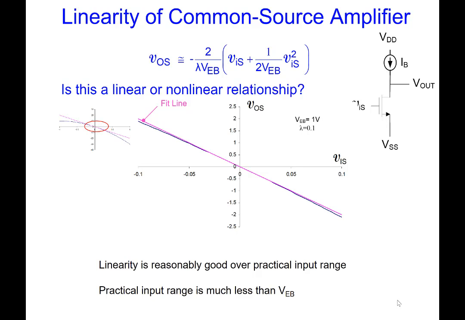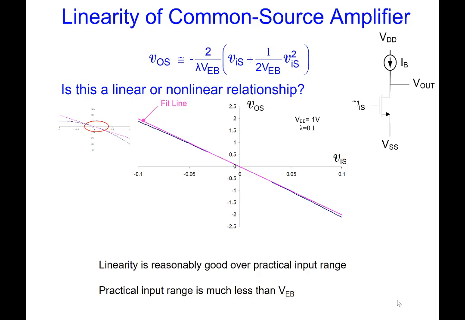So we may only be interested in small signal inputs that are in the few millivolt range. So if your inputs are in the few millivolt range, we see that this amplifier is really quite linear.